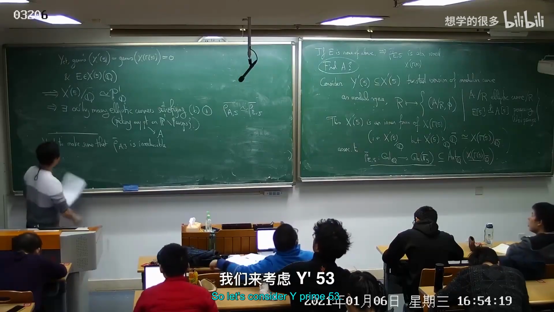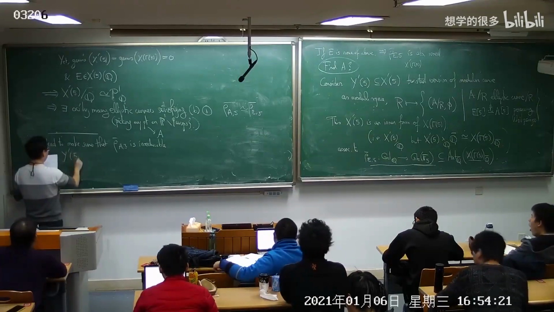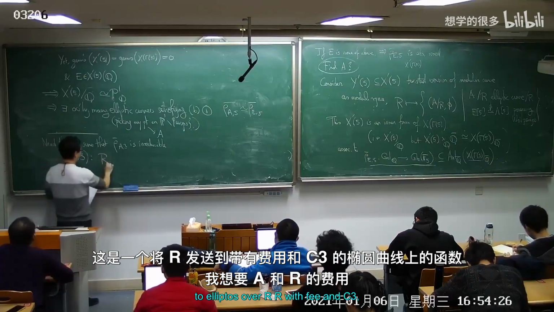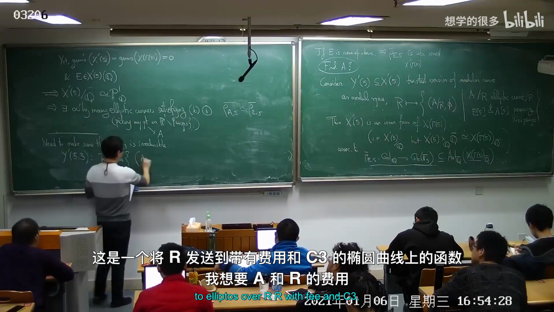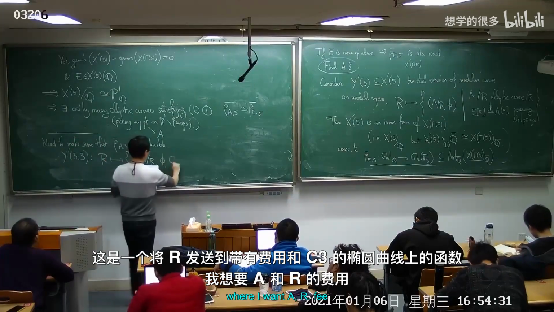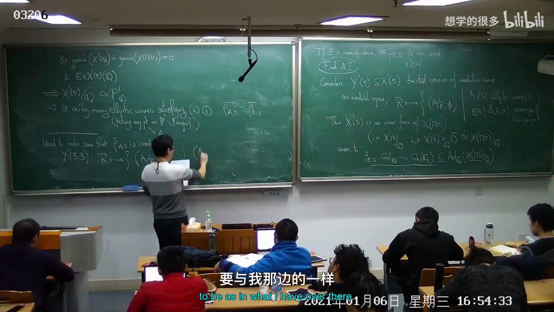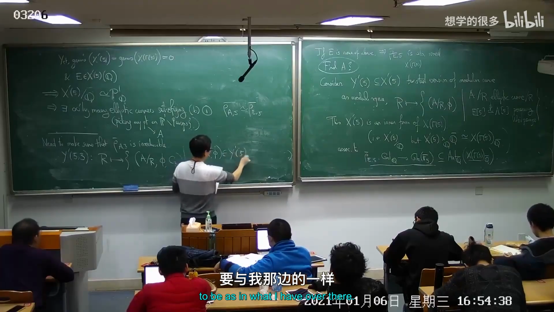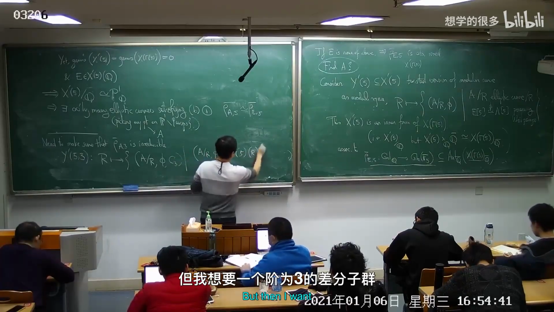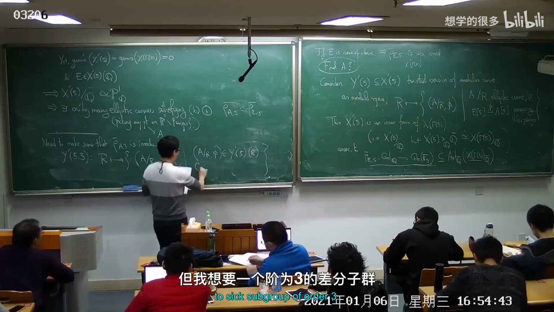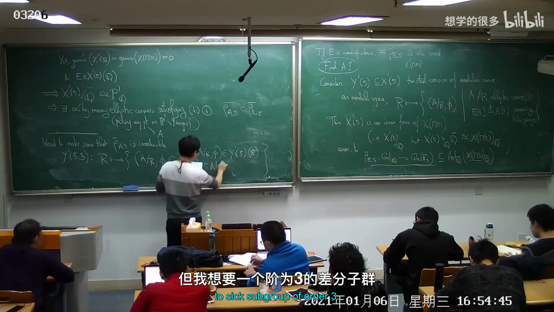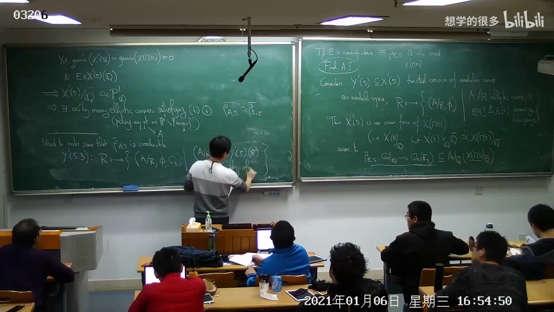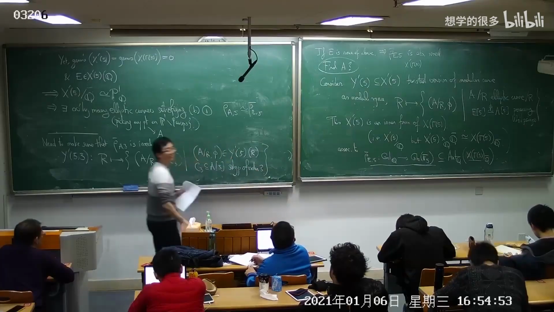So let's consider Y prime phi 3. This is a function that sends r to elliptic curves over r with phi, and a cyclic subgroup of order 3, where I want r phi to be as what I have over there.